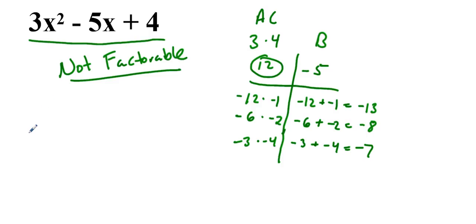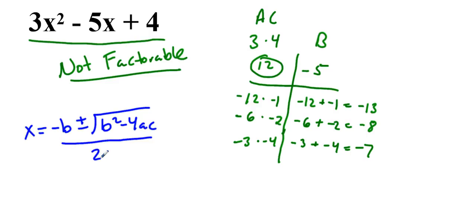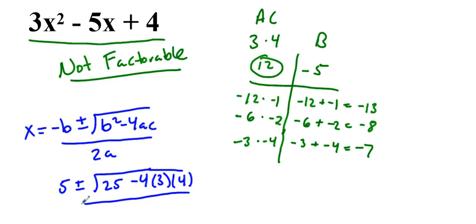And for those that don't know about that, the quadratic formula is where we take the opposite of b, plus or minus the square root of b squared minus 4ac, over 2a. So the opposite of b would be 5 plus or minus the square root of b squared, which would be 25, minus 4 times a, which is 3, times c, which is 4, all over 2 times a, which is 3.